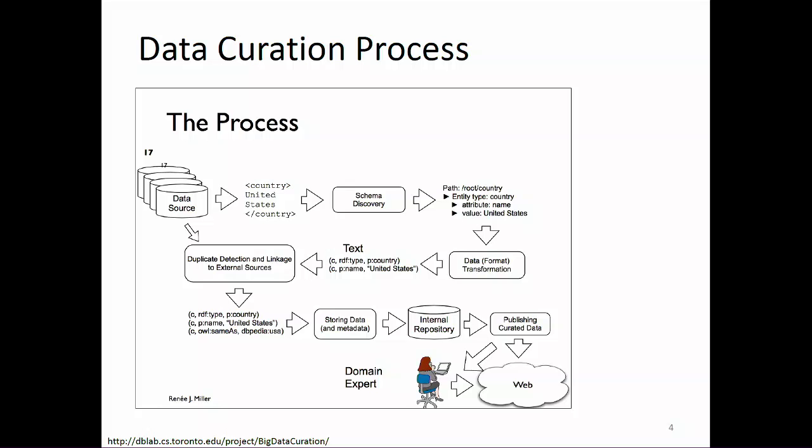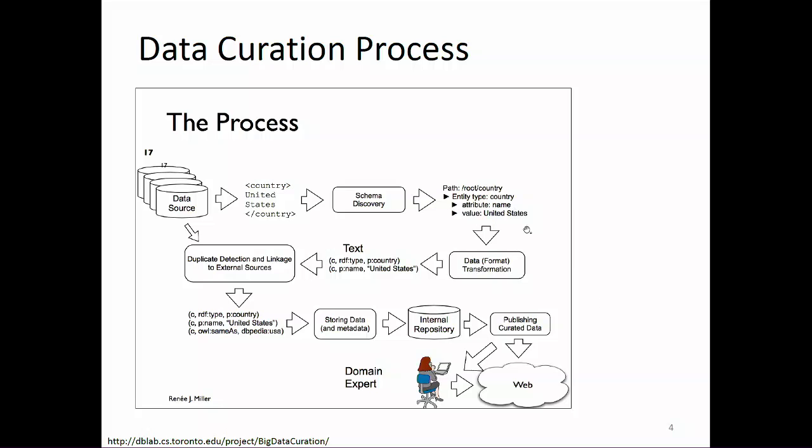For example, look at this process. Let's say we have a remote data source. We got data in some XML file, and it says the information is about country, name is United States. Now, when we do schema discovery, we don't know what the actual schema of the system is, but from the data that we have got, we try to identify what the different entities in the data are, what the values for those entities are, and what the relationships between the entities could be.